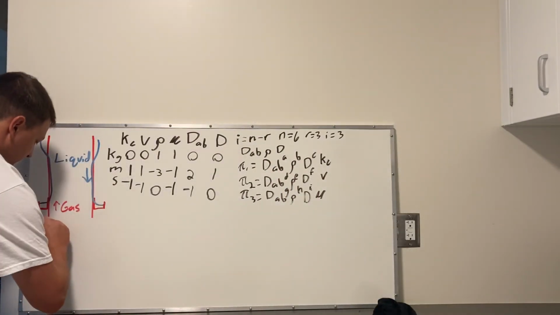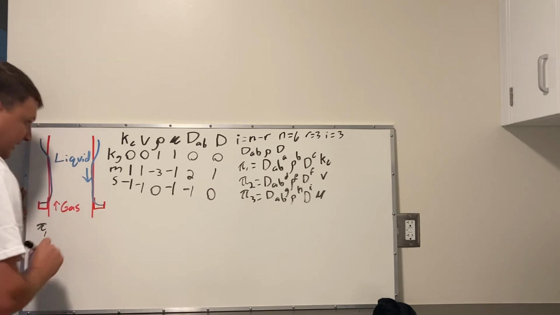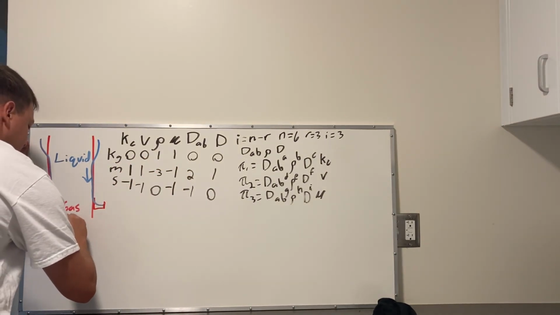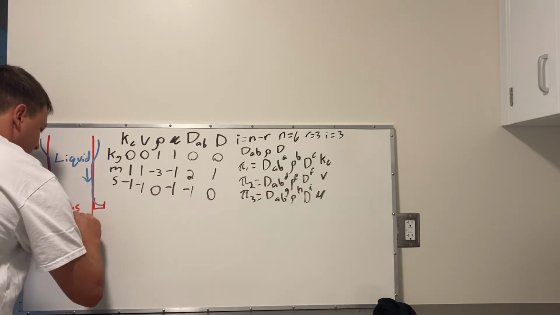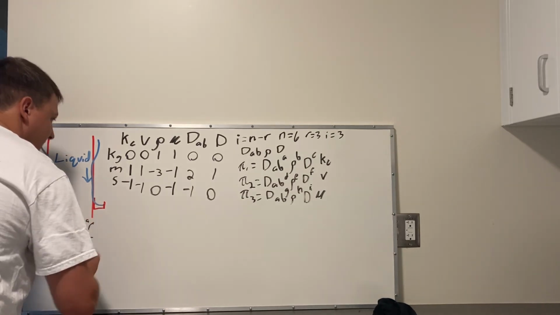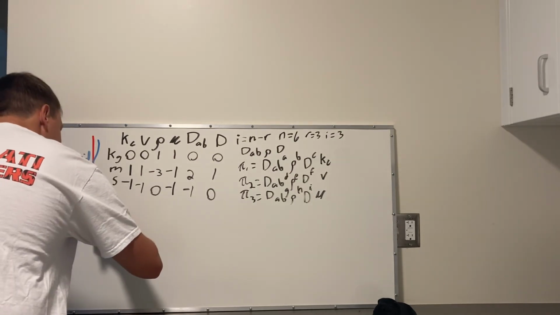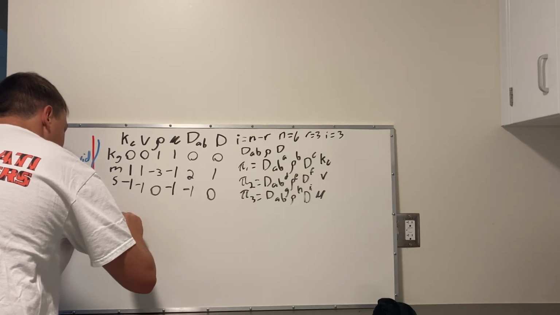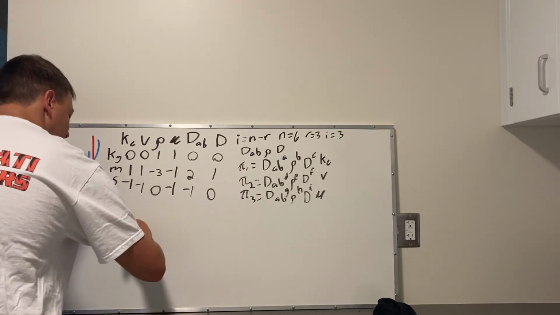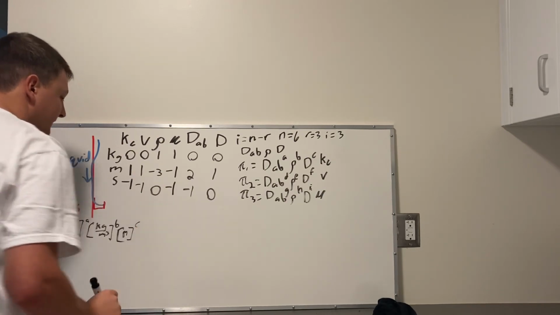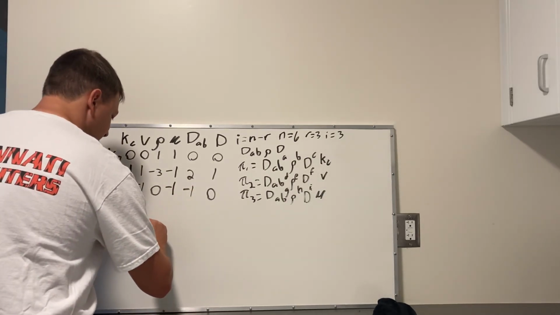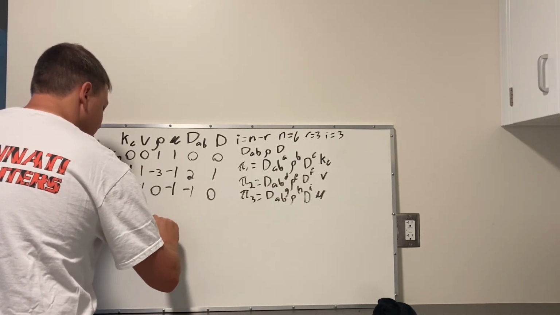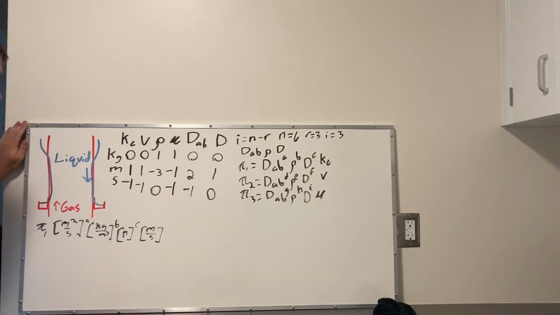So for our pi 1 group, we have our units, meters squared per second to A, and then you have kilograms per meter cubed to B, and meters to C. And then we have our group that has to be in there to the 1 power, our mass transfer coefficient in meters per second.